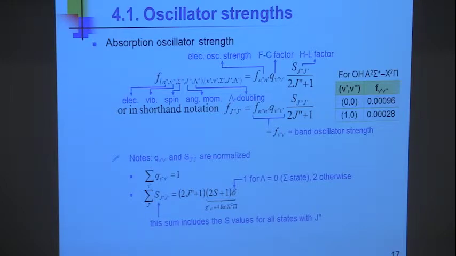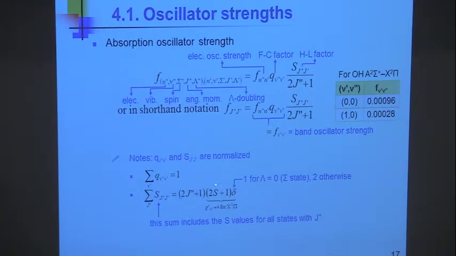But you have to remember that there's 4 states with J double prime. And so there's this factor 4 that keeps running around. This is the Kronecker delta, which is 1 when lambda is 0, but it's 2 otherwise. So we have a pi state, so that 2S plus 1 is a 2.